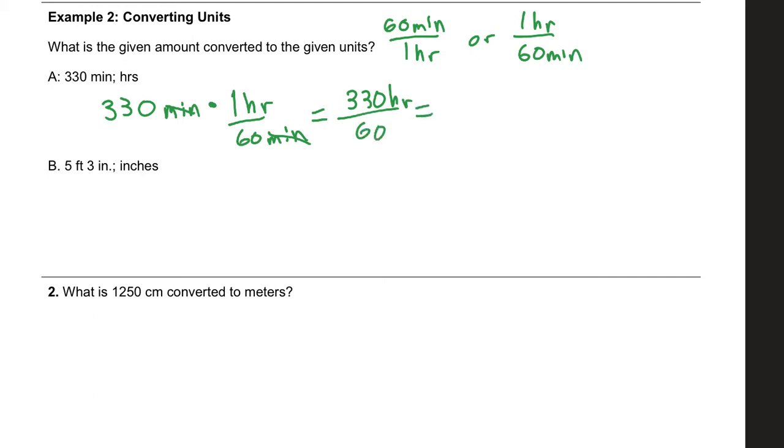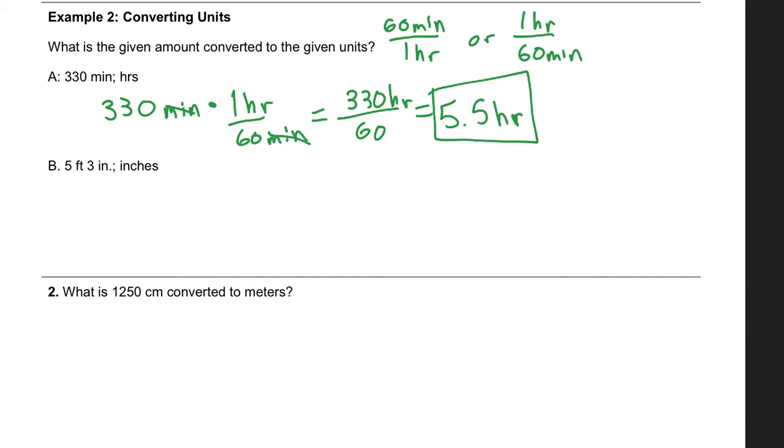And I just use a calculator to help me figure out what that is. That's 5.5 hours. Okay? So it's first of all understanding the units and how you would convert, and predicting, is the result going to be bigger or smaller than your original number.